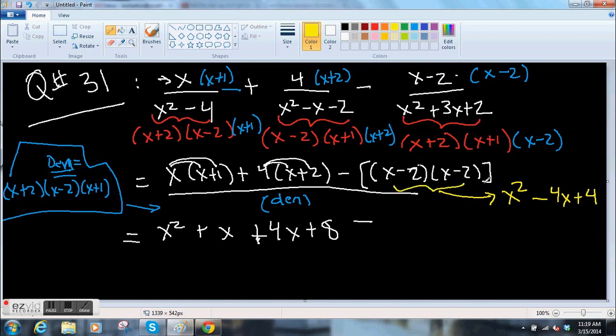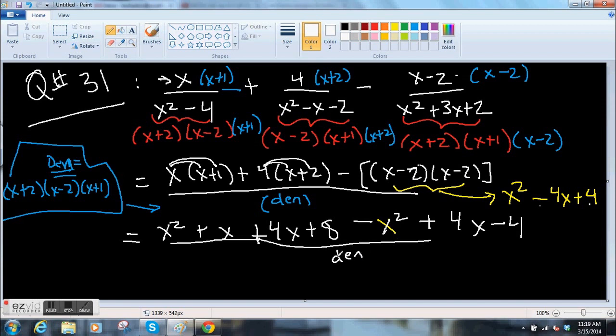So it's minus x squared, and minus minus, so plus 4x minus 4, all divided by the denominator.